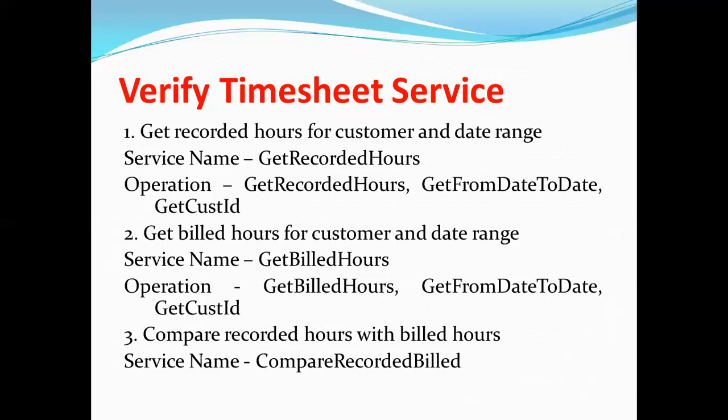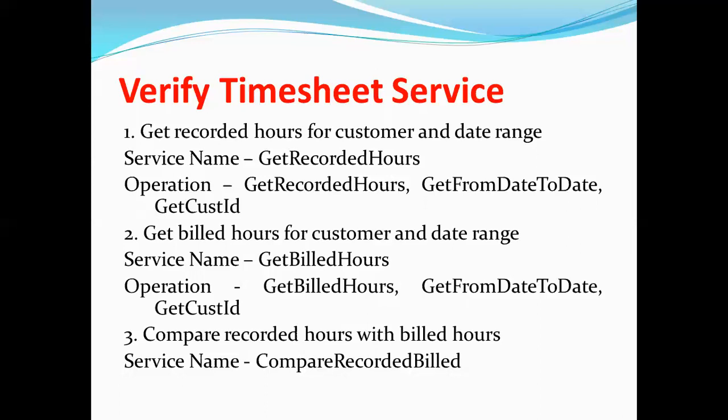I have identified three operations: get the recorded hours from the timesheet, get from date and to date from the timesheet, and get the customer ID from the timesheet submitted by the employee. These three operations are identified for the service called get recorded hours.